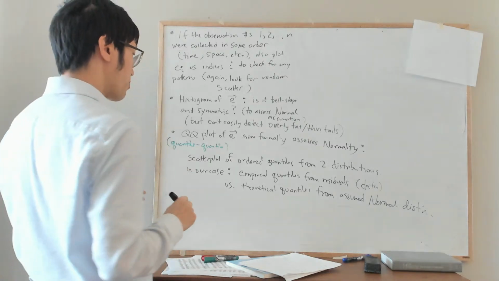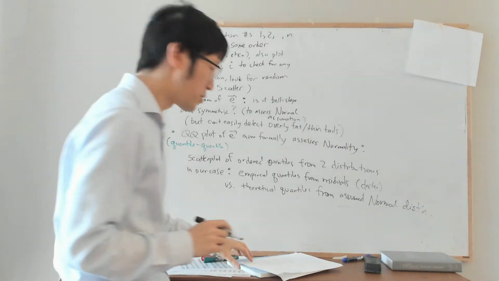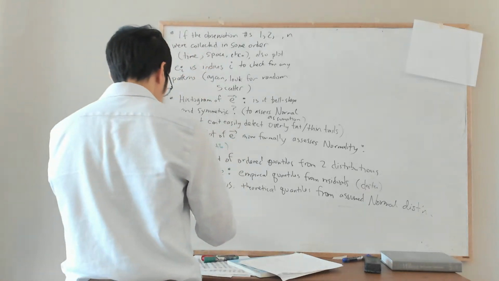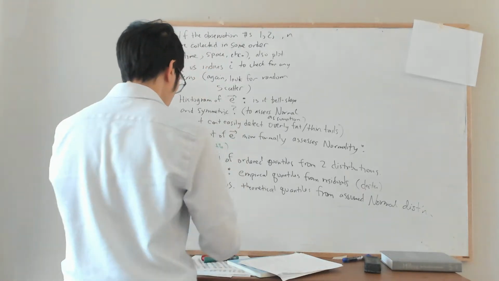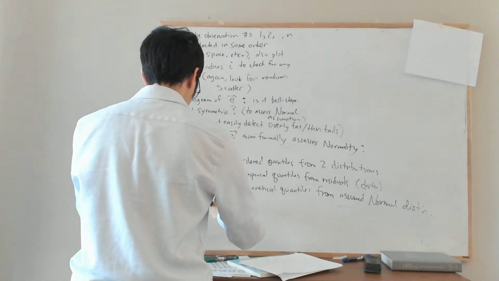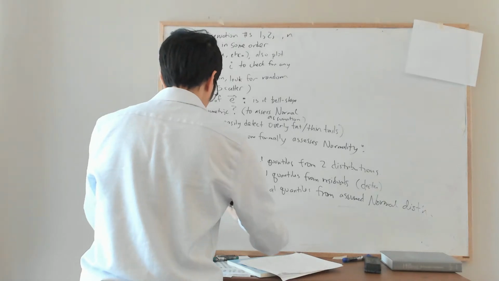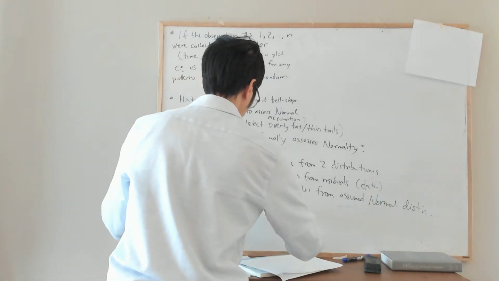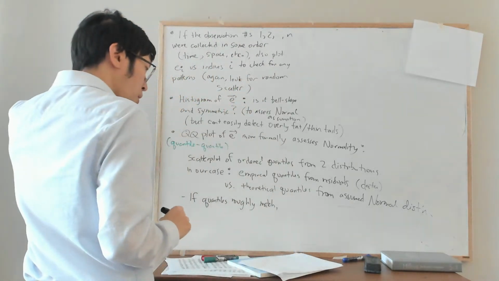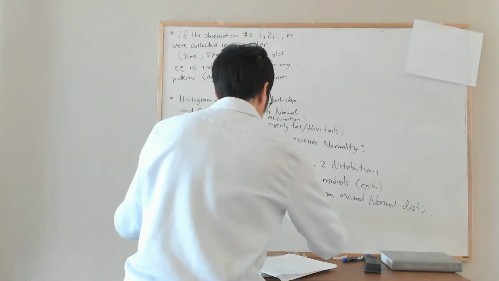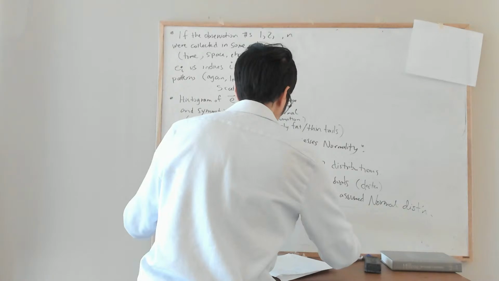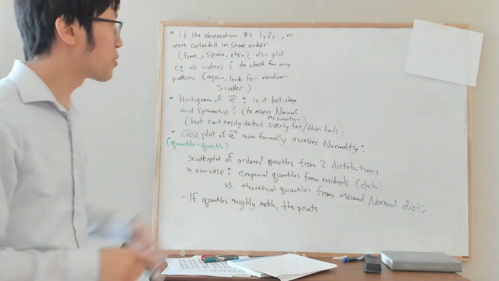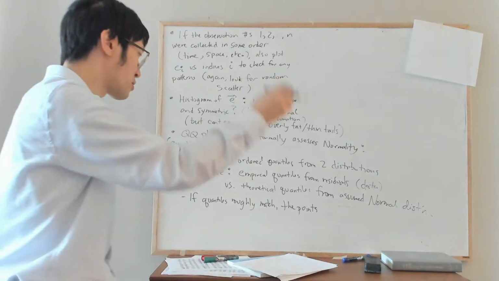Visually, we will be able to see whether they roughly match. If the quantiles roughly match, the points will roughly follow a straight line, a 45-degree line, like the y equals x line.